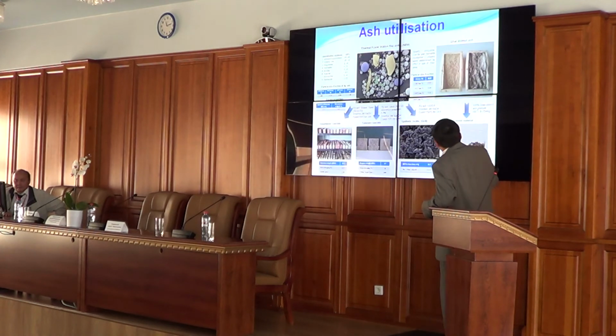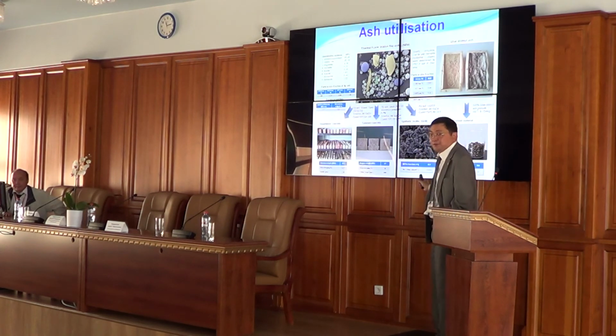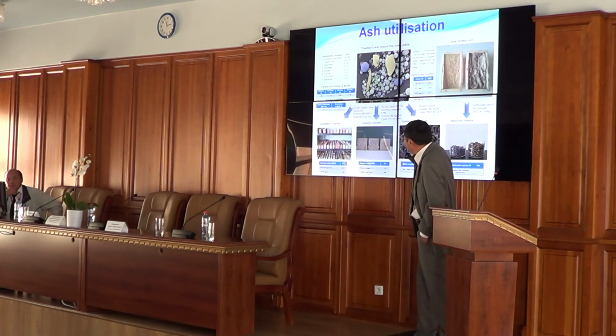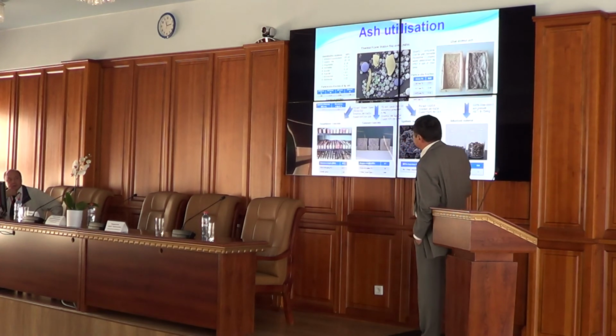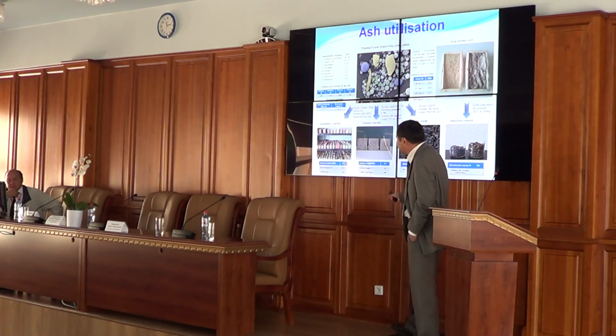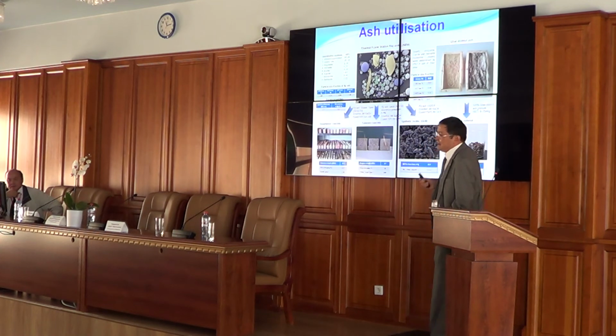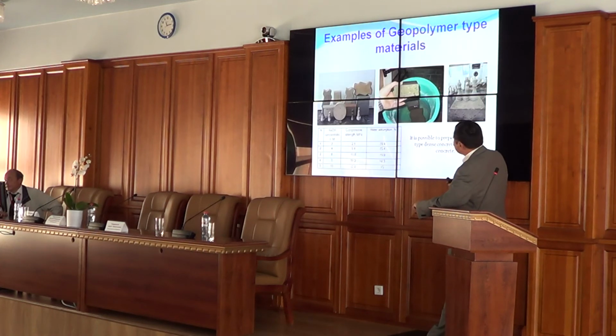We are trying to use very thick ash for some absorbents. We are working on zeolite synthesis, using water glass, aerated concrete, lightweight concrete, and we have produced many geopolymer type concretes, new and advanced materials.